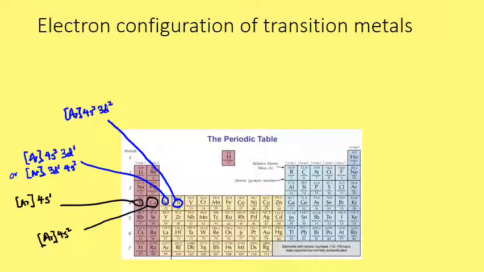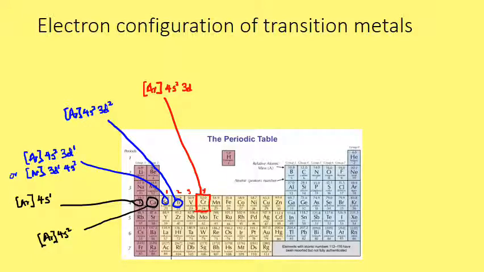So chromium, I'm switching colour to red because chromium is the first odd one, and you need to be aware of this. Alright, so chromium is the first odd one. So let's do chromium up here. Of course, we still have all the same up to argon. And of course, we still have our 4s2 electrons. And what you would expect is 3d4, 4 electrons, since it's the fourth element along: 1, 2, 3, 4.